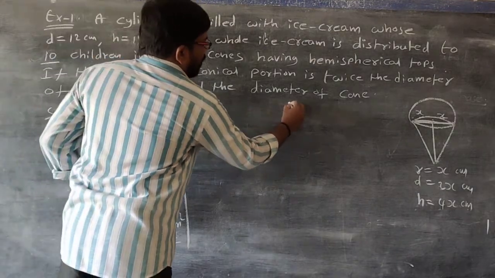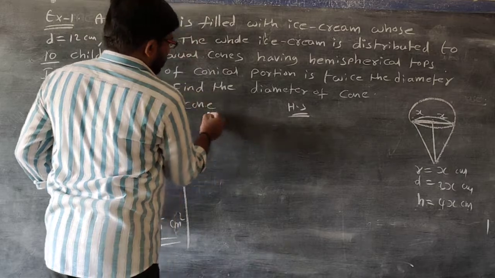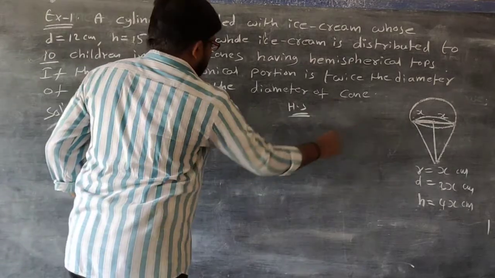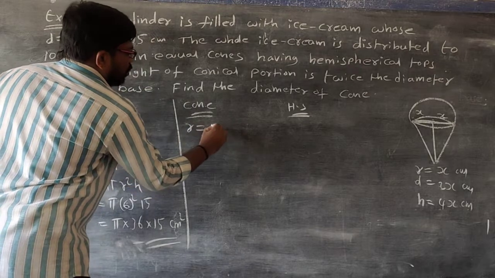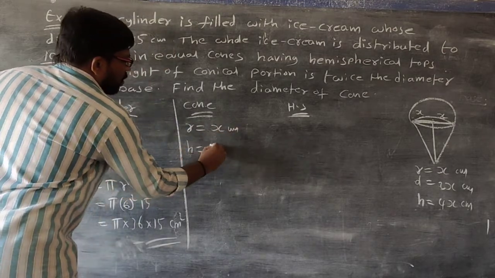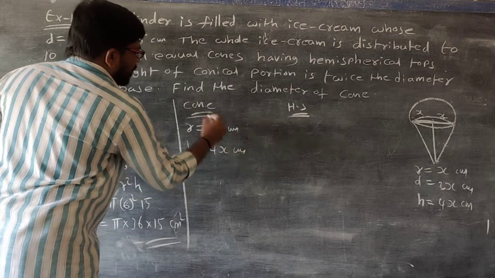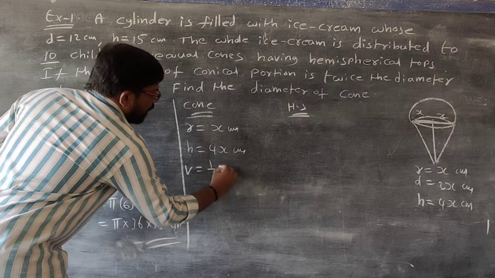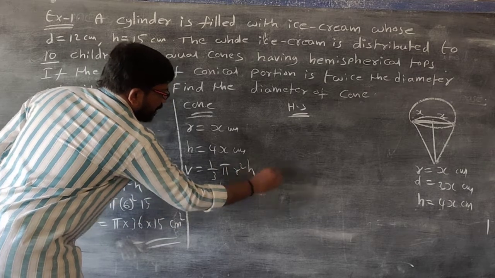Cone and hemisphere, right? So what are the dimensions of the cone? Cone dimensions: radius r is equal to x centimeters and h is equal to 4x centimeters. Then volume of cone V is equal to 1/3 pi r square h.